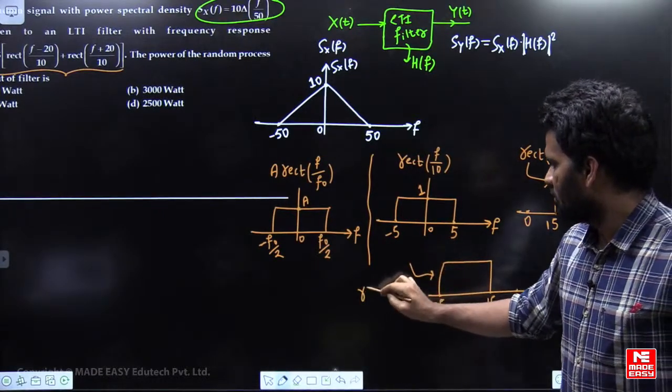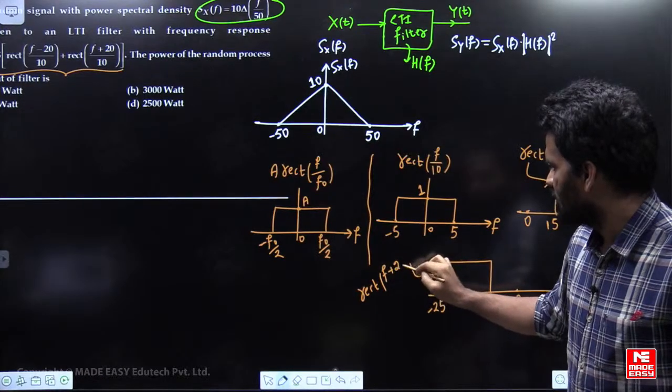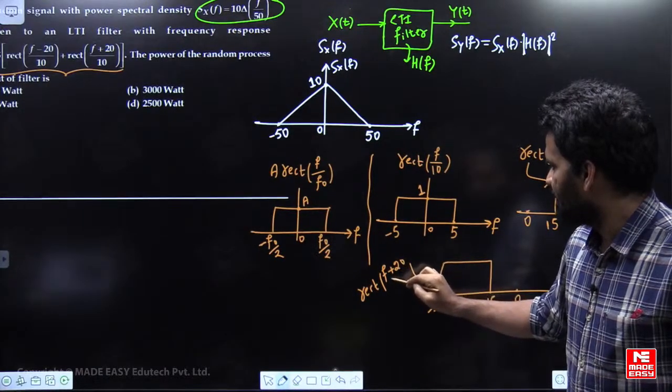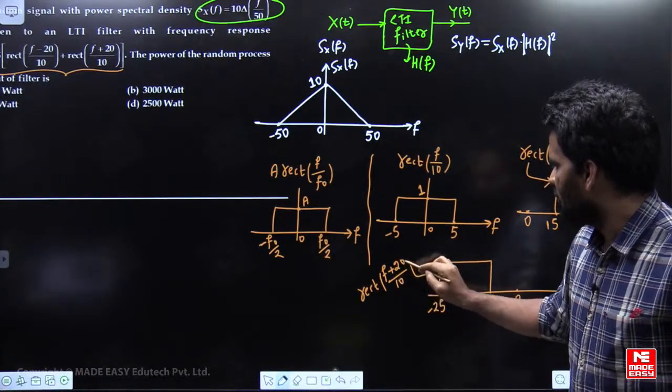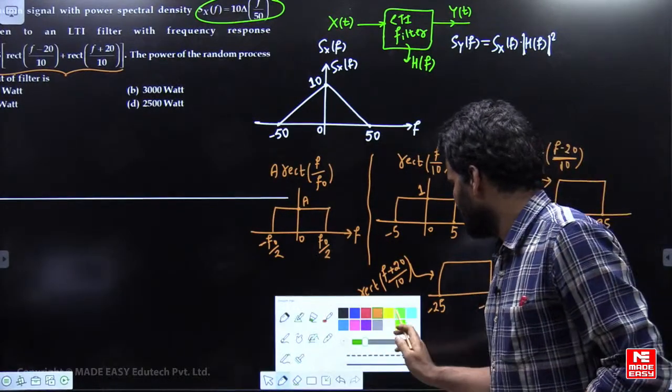And this is the vector of f plus 20 upon 10.